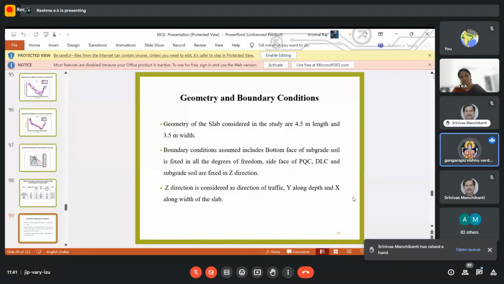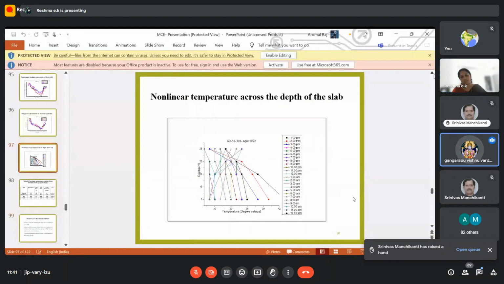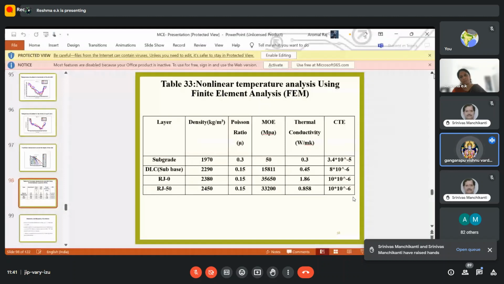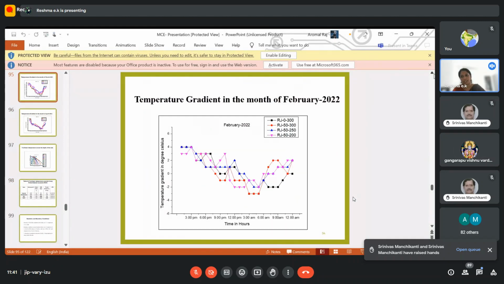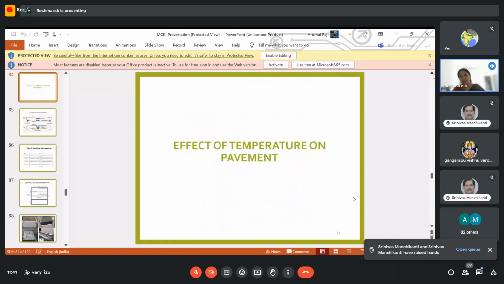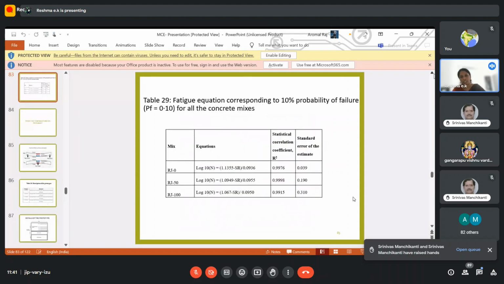One more question, madam. In the regression analysis, how much should be the variance for the experimental and the regression analysis, statistical linear analysis? Sir, while doing regression analysis in SPSS, we give the significance level as 95% confidence level.